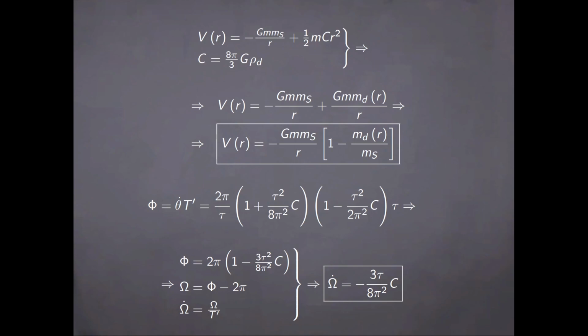So if we choose C to be of this form, then we can recast the potential as a sum of two terms which are both varying essentially as 1 over r.